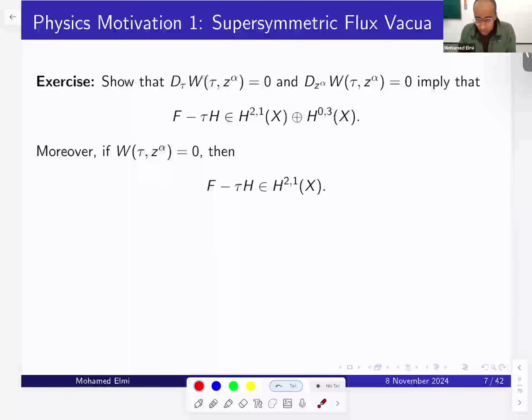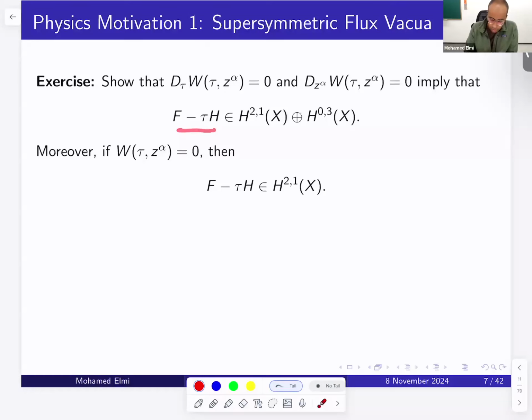Okay, so this is an exercise for the listeners. Show that if these two conditions are satisfied, if your complex structure moduli and your tau are at a critical point of this potential W, then your fluxes, your F and tau H, take some combination of them controlled by this parameter tau.